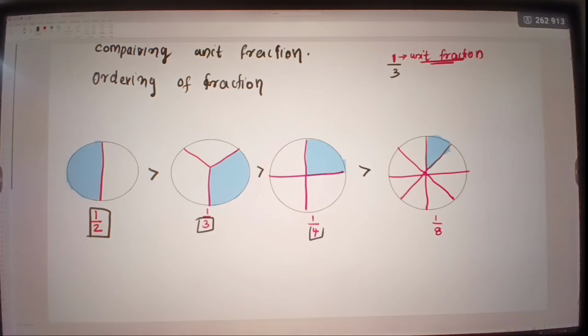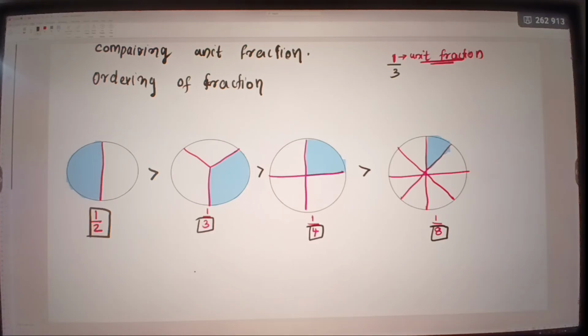denominator of unit fraction increases, the fraction becomes smaller. So you can see half has this much region, 1/3 has smaller.